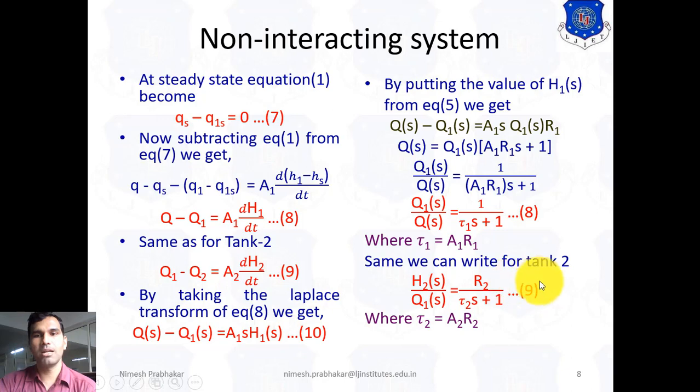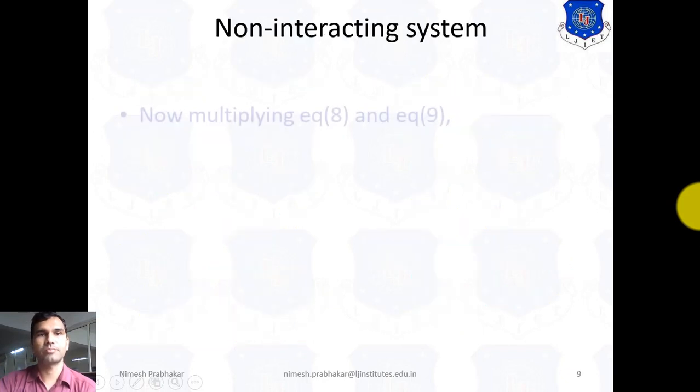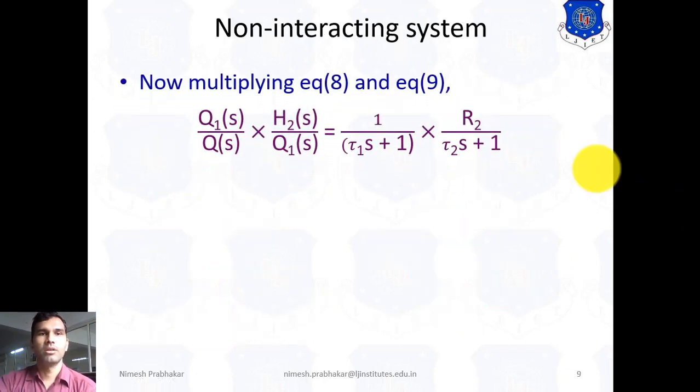Now by multiplying these two equations, equation number 8 and equation number 9, we get Q1s upon Qs times H2s upon Q1s, where this is the first term and this is the second term. Here Q1s cancels.